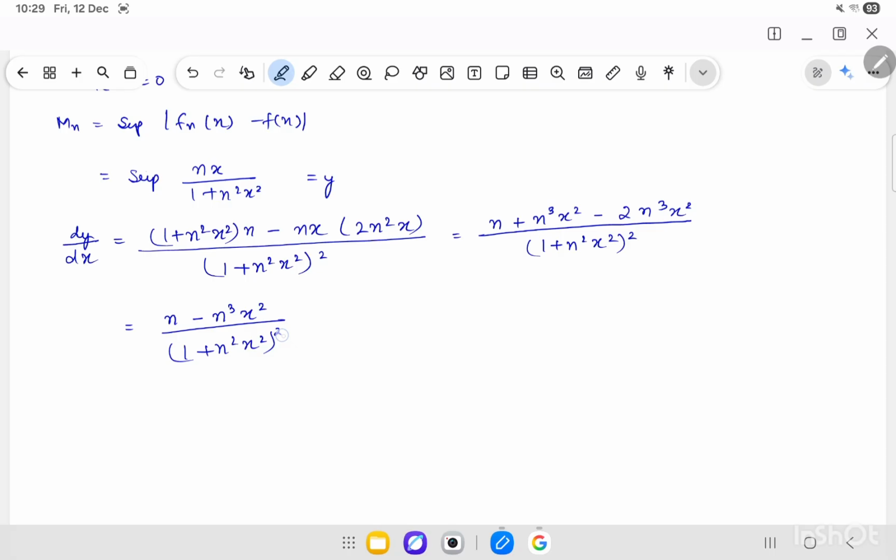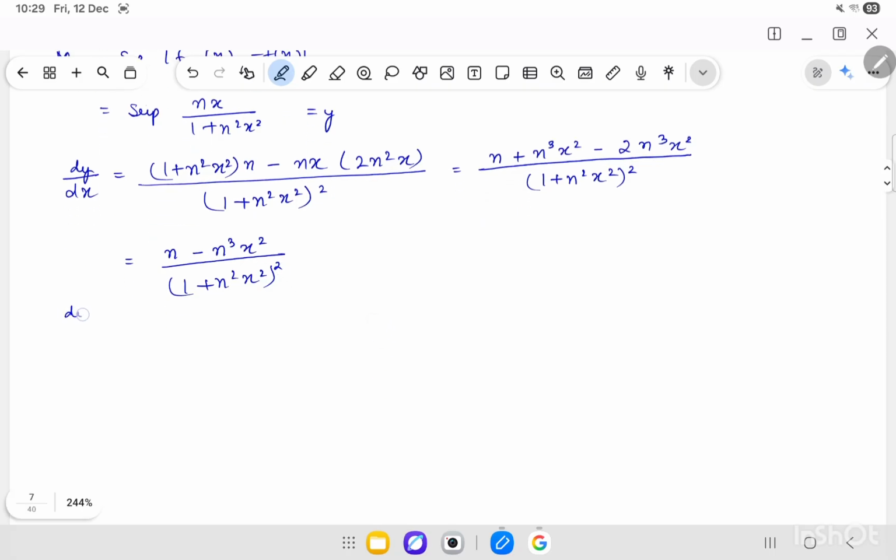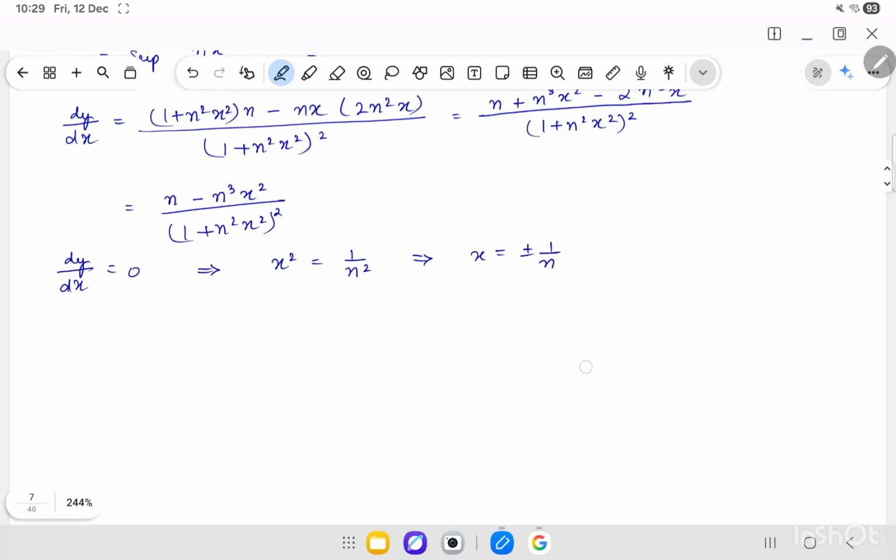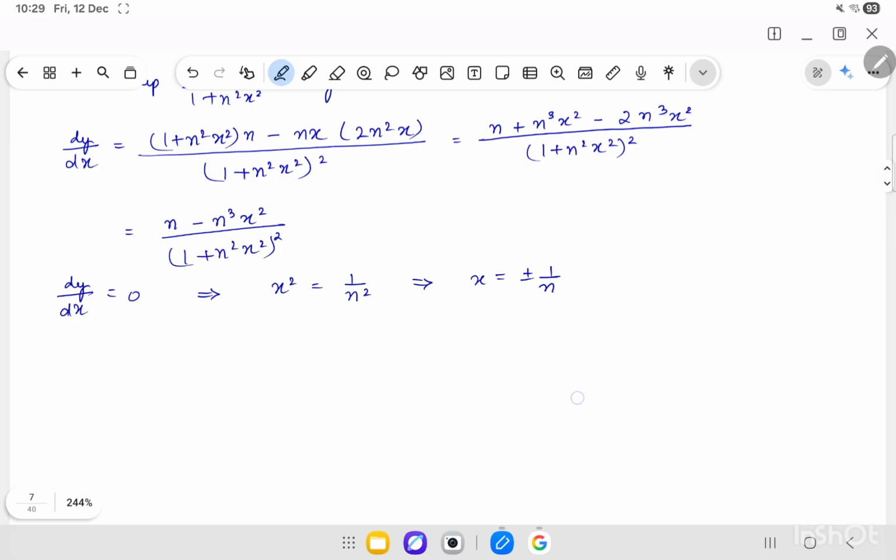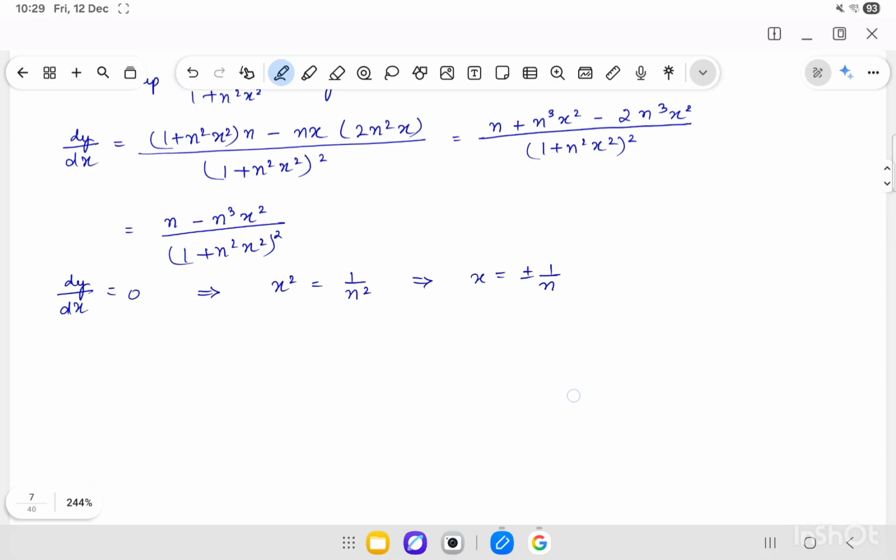In order to evaluate its critical point, we need to equate dy by dx with 0, and that basically gives us x square equal to 1 by n square. So from here we'll get our x as plus or minus 1 by n. Now we need to check at which point the function attains maximum and where it attains minimum.